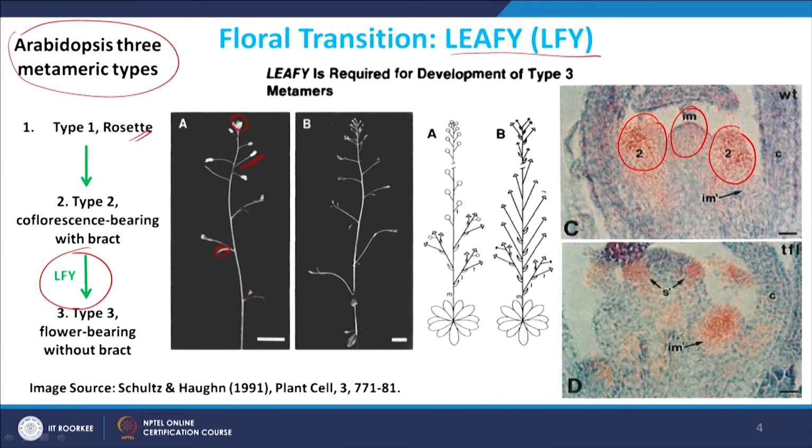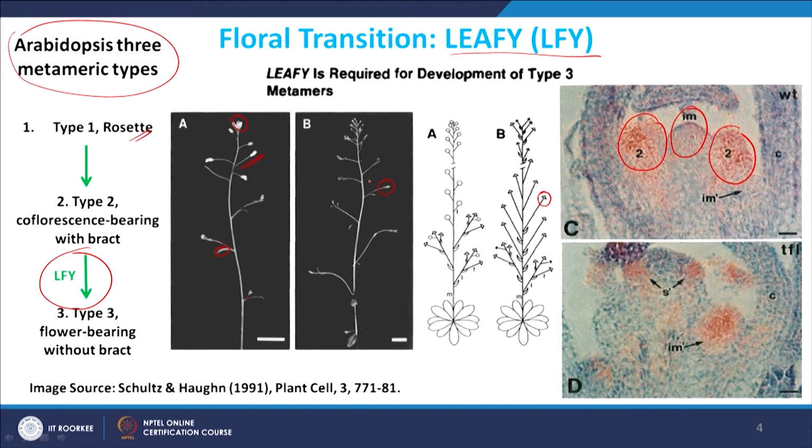When you do not have LEAFY, this meristem is not acquiring floral meristem identity. Instead, it looks more like inflorescence meristem identity. And another interesting thing, if you look here, from where the structure arises, the expression of LEAFY is very low.